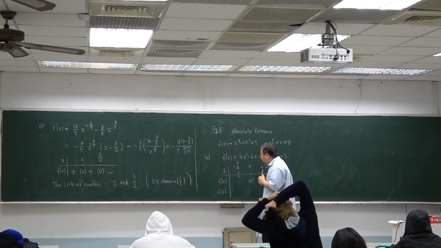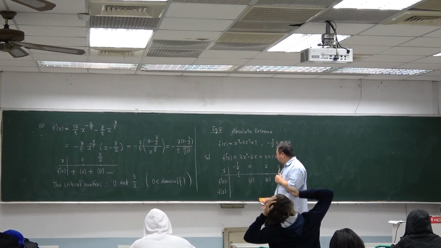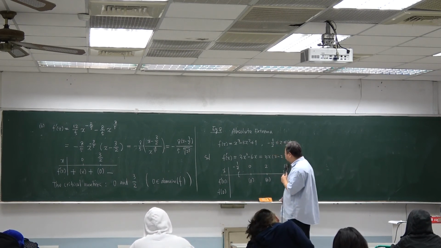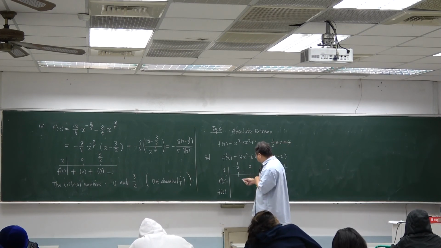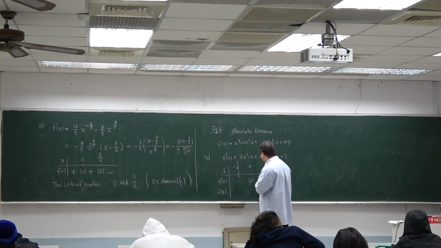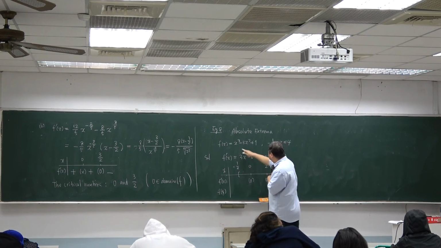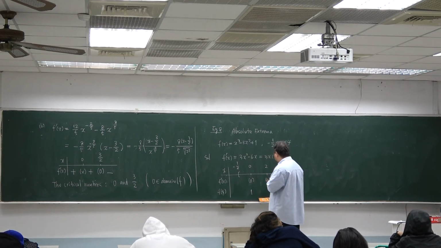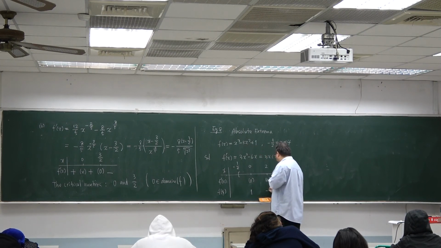Then we find the values of f at numbers from step 1 and 2. Step 1 is the values at 0 and 2. If x equals 0, this is 1. If x equals 2, 8 minus 12 plus 1, minus 3.